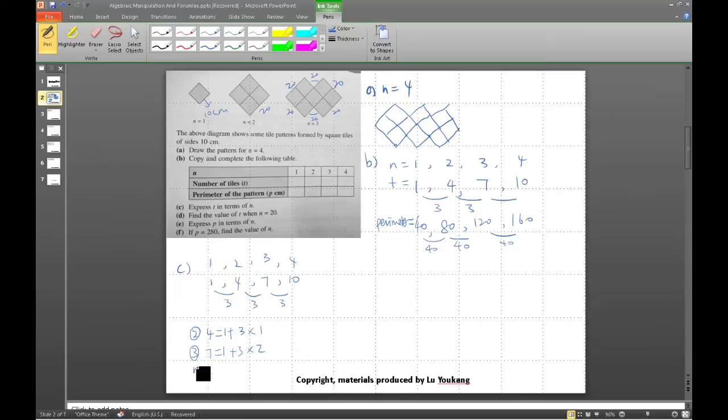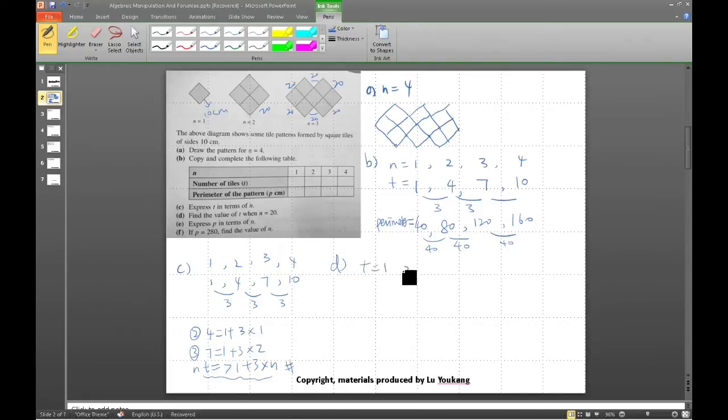And when n equals 3, 7 equals 1 plus 3 times 2. I hope you can see the pattern now. Therefore, for the nth term, t equals 1 plus 3 times (n minus 1). I have corrected it in my slide, so refer to my slide for the correct answer.